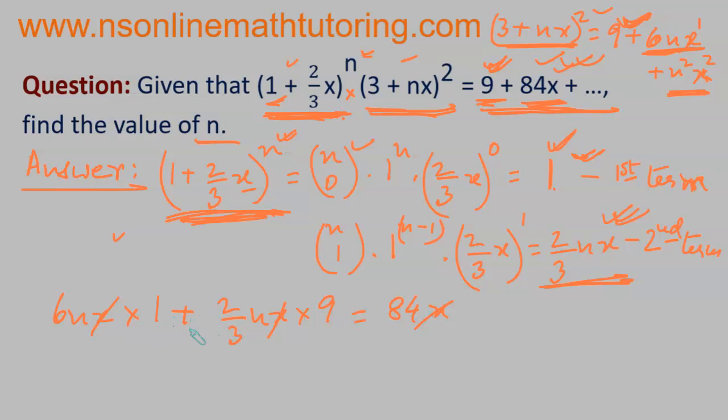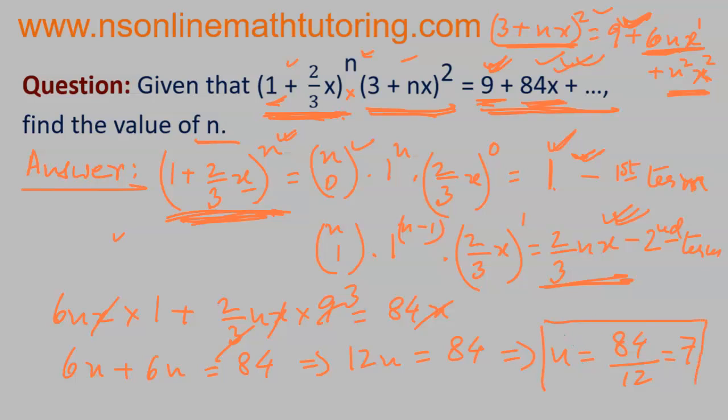We have the equation as 6n plus, these two will get cancelled and it becomes 6n again. 6n plus 6n is equal to 84, or 12n is equal to 84, or n is equal to 84 over 12, which is equal to 7. So n is equal to 7. This is the answer. This is the value of n. Okay.